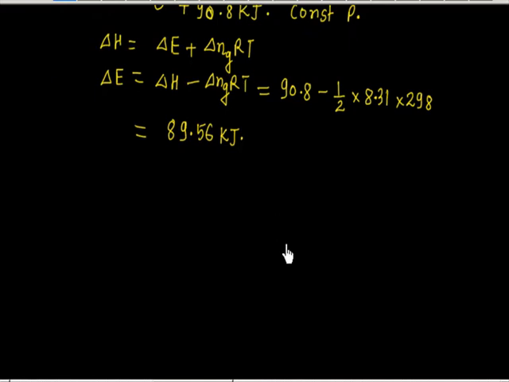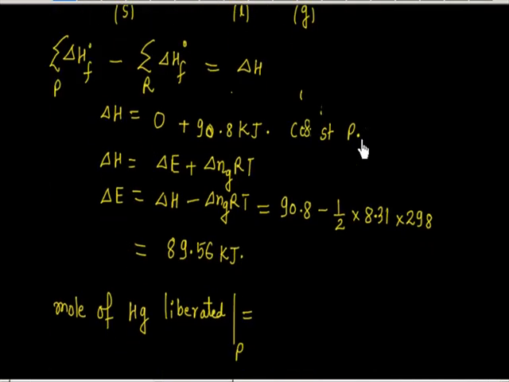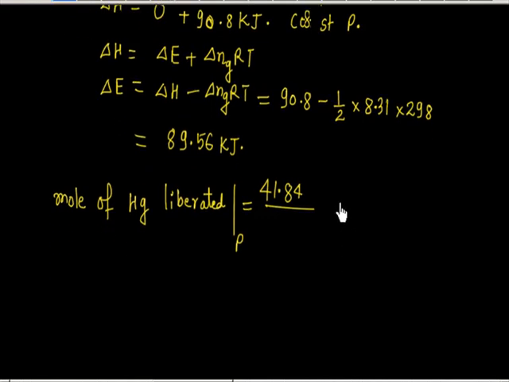Now we have to calculate what is the mass. So let us calculate mole first and then we'll calculate mass. So the mole of Hg liberated, that we have to find out. Let us first find this at constant pressure. The heat given is 41.84, and this is divided by the heat at constant pressure, 90.8 kilojoule per mole.